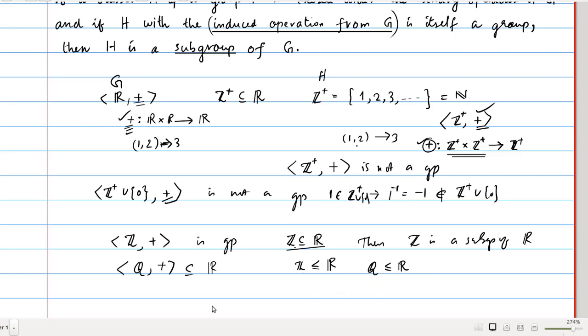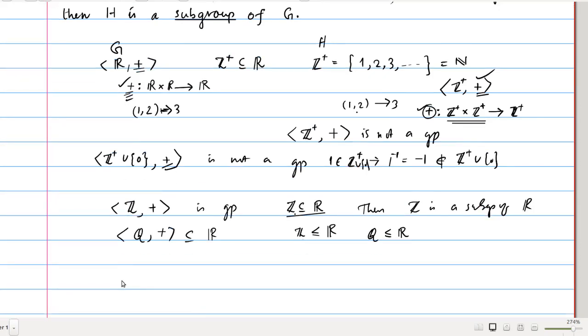Similarly, we can get R star under multiplication. What is R star? R star is the set of all real numbers minus the singleton {0}. If you remove the 0 element, you get this one. This is a group under usual multiplication.